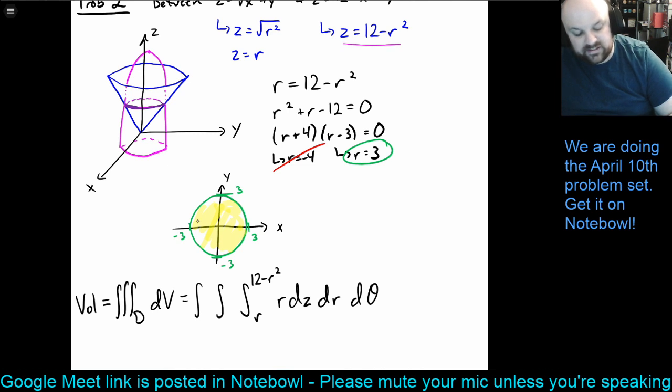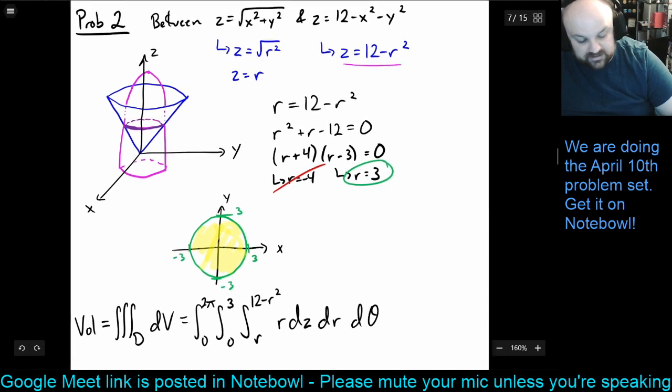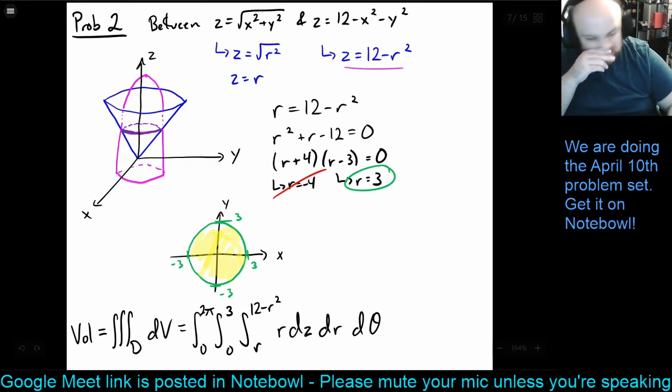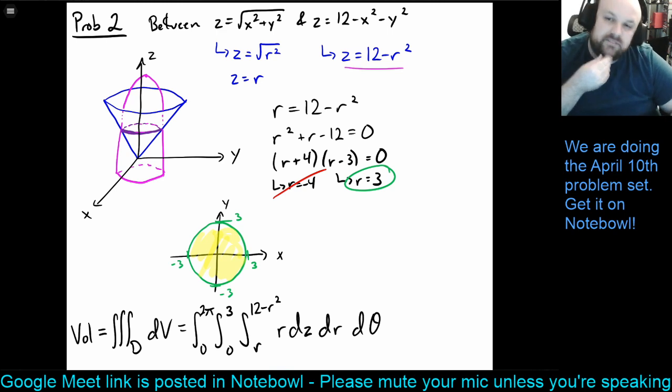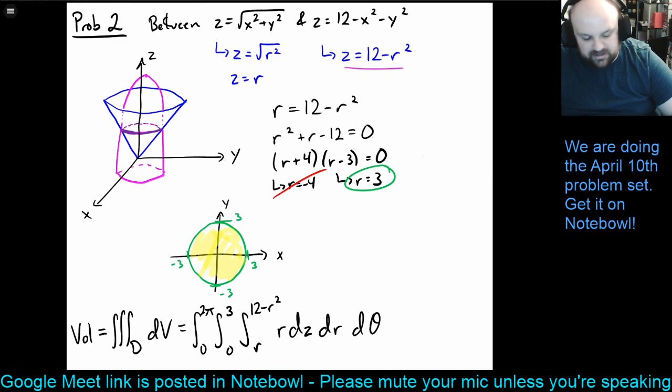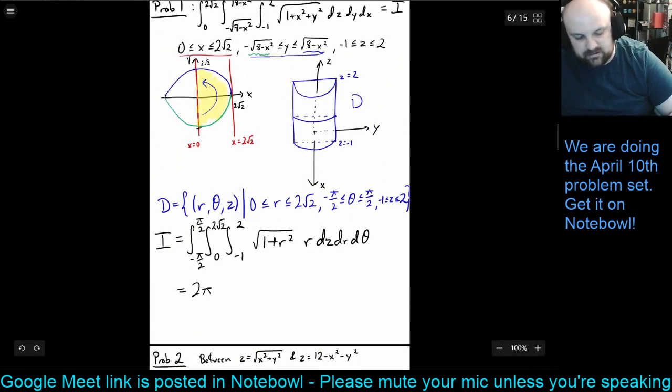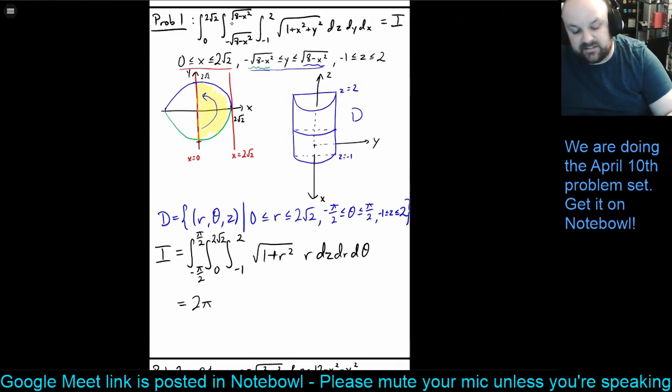Since we have the full disk here, r is going to go all the way from 0 to 3, and theta is going to go all the way from 0 to 2 pi. That's it. Okay. So again, you can try and set this up in Cartesian coordinates, and you would end up with something kind of similar to these bounds here.